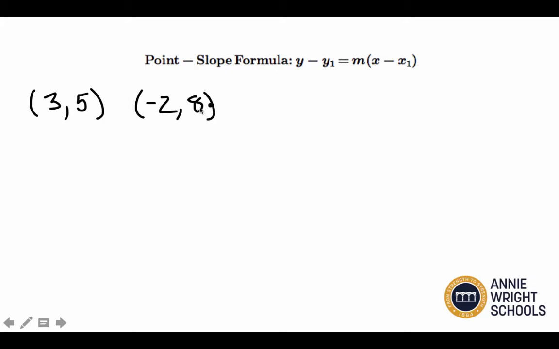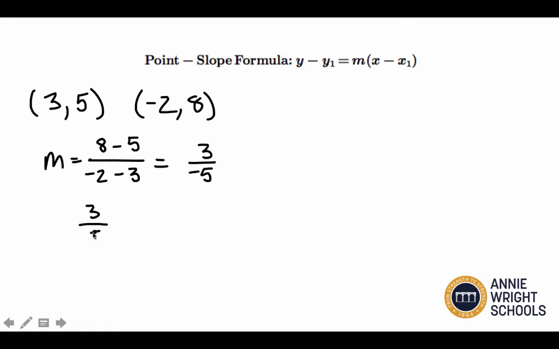I love this question because it combines two of the skills we're working on. The first thing is we have to find the slope of the line by taking y-coordinate minus y-coordinate over x-coordinate minus x-coordinate. When we do that, we get 3 over -5, or -3/5.